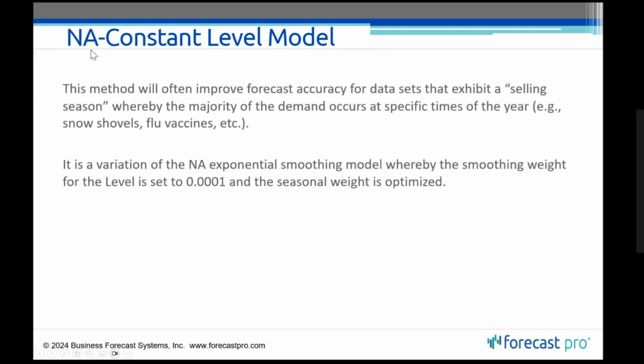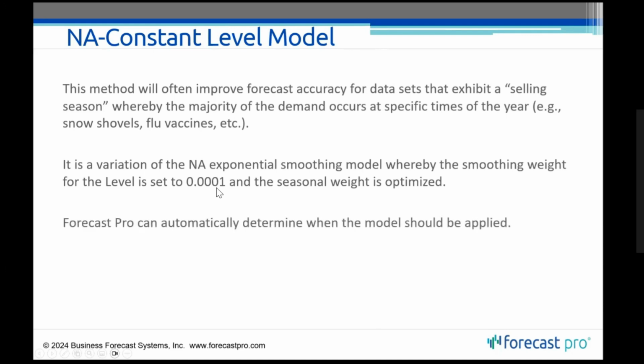It has an additive seasonal model. It has a constant level. By forcing it to be very low, it's not allowing the level to change. So it's a constant level model. It works quite well. Forecast Pro can automatically determine when the model should be used. And currently, Forecast Pro is the only place it's implemented.